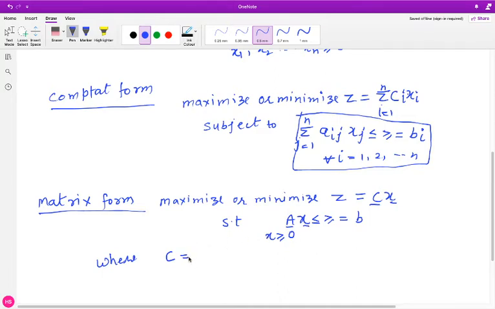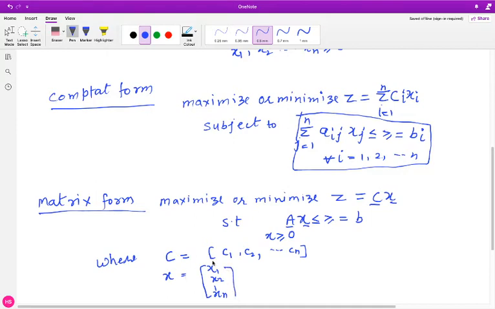So c is equal to c1, c2, dot dot dot cn, and x is equal to x1, x2, dot dot xn.